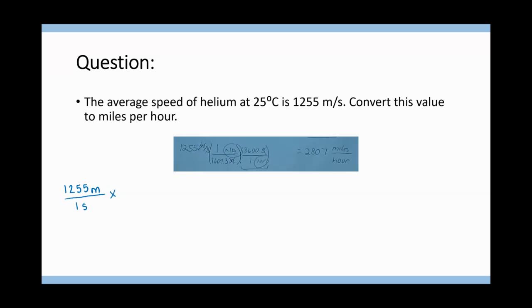So we'll do that, where for every 1 mile you have 1,609.3 meters. So now we can cancel out meters, and if we were to end the equation here, the number we would get is the speed of helium in miles per second.